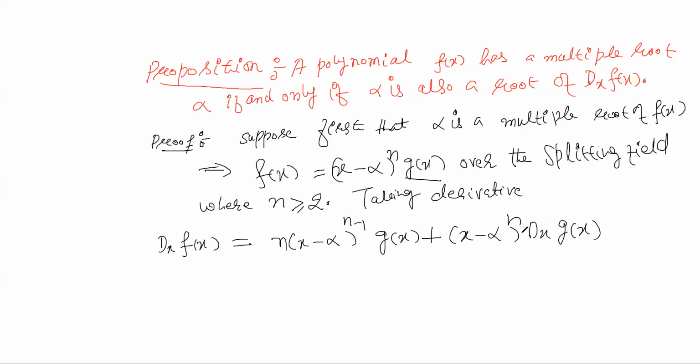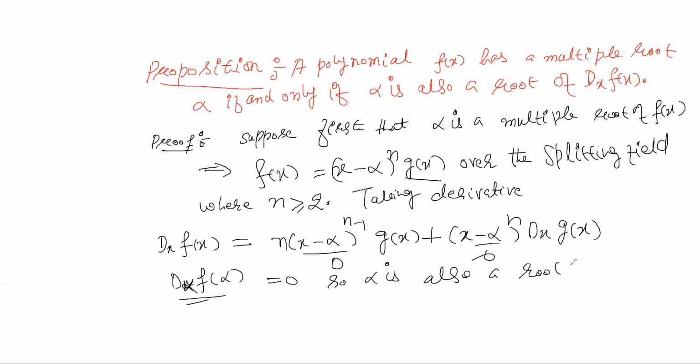Now if you take f'(alpha), substituting x by alpha, here it would become 0. So this means f'(alpha) is 0, which means that alpha is also a root of the derivative d/dx f(x). So if alpha is a multiple root, then alpha is a root of f(x) as well as its derivative.